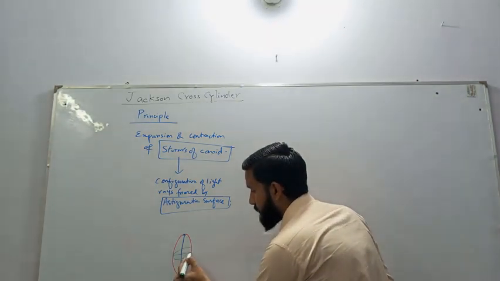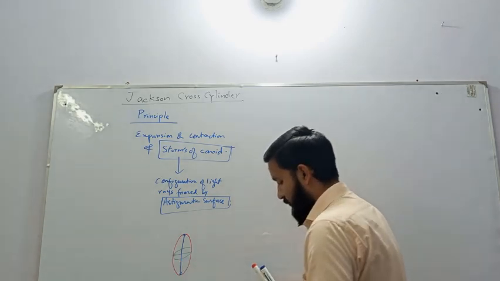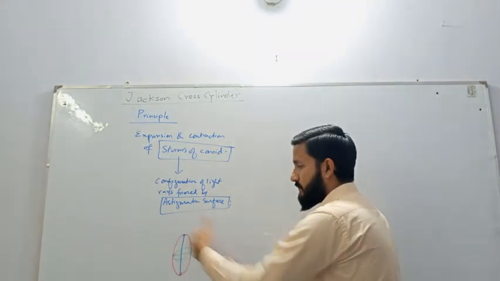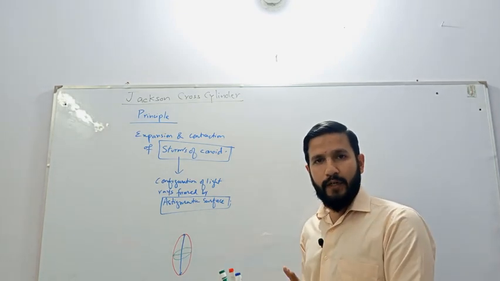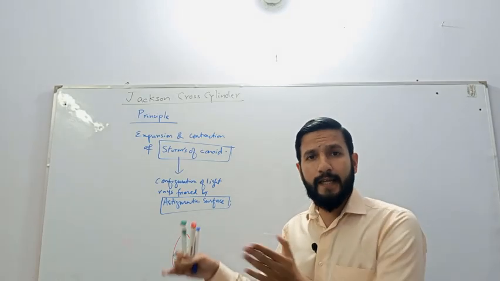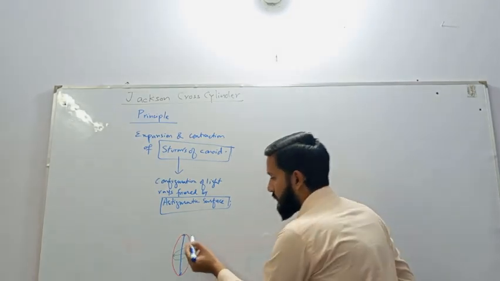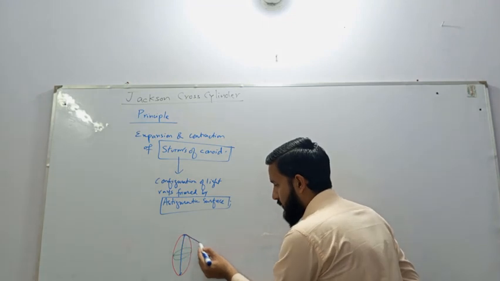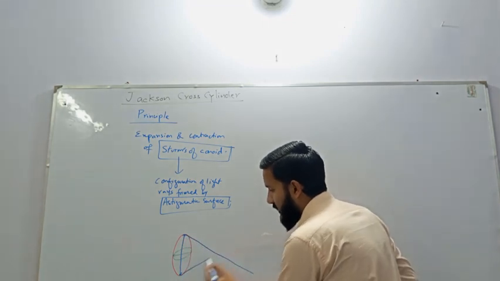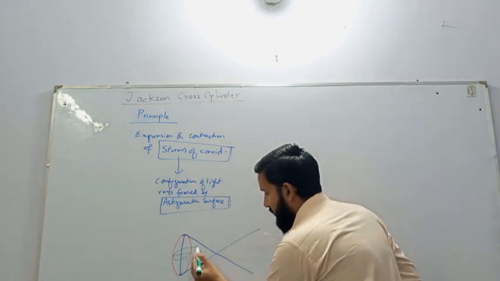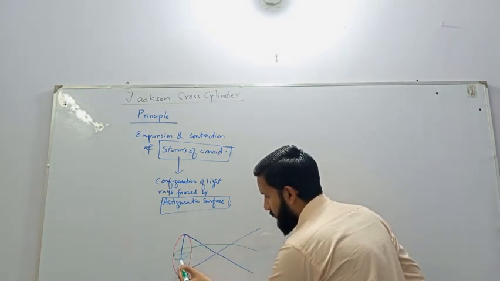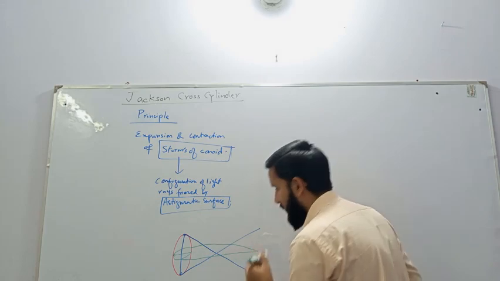So the light rays passing through the vertical meridian are focused at a different point, and the light rays from the horizontal meridian are focused at a different point. Let's suppose this is the focal point of vertical light rays, and this is the focus of horizontal light rays.